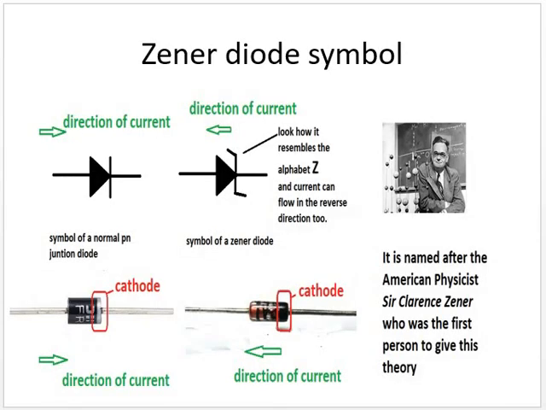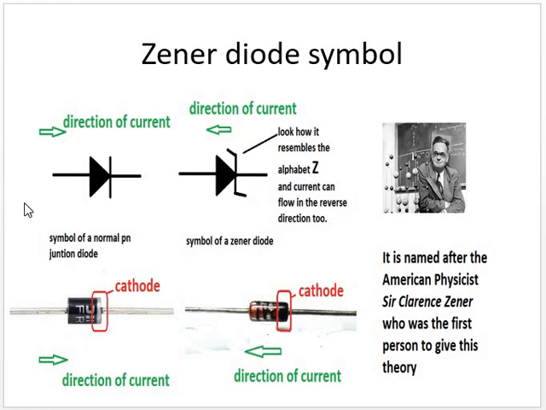This is how a Zener diode is generally denoted or shown in the text and circuit diagrams with this symbol. This is a normal PN junction diode with a straight line, but here, as you can see, this has a symbol which resembles the alphabet Z. So wherever you see this kind of symbol in any circuit diagram, just quickly recall that this symbol is of a Zener diode.